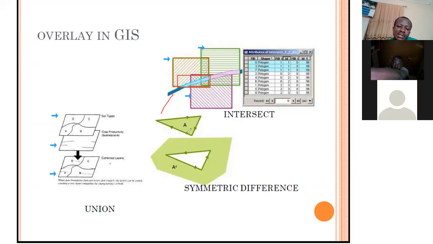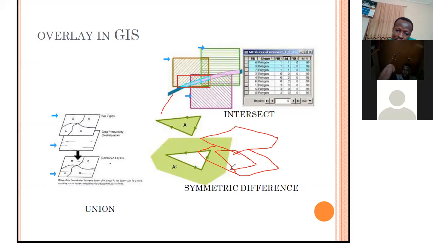So the symmetric difference is actually the opposite of finding the intersection between two layers. Okay, so assume we have one layer, another layer like that. It's not easy drawing with this one, but I'll try. So we have this area on the first layer. Then we have this on the second layer. So when I overlay the first layer A and the second layer, the intersection area will look like the rectangle.